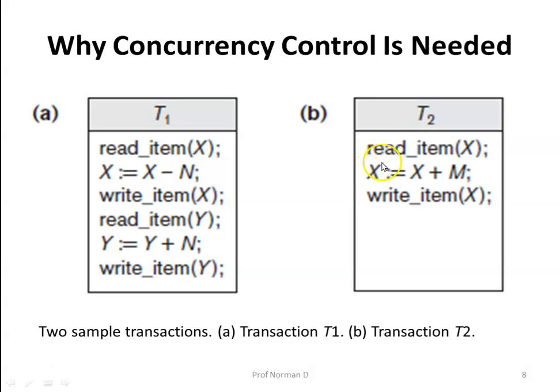So basically this X is referring to the database item X in T1, and n seats are being transferred from X to Y.